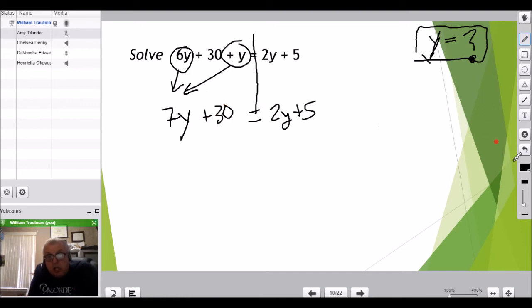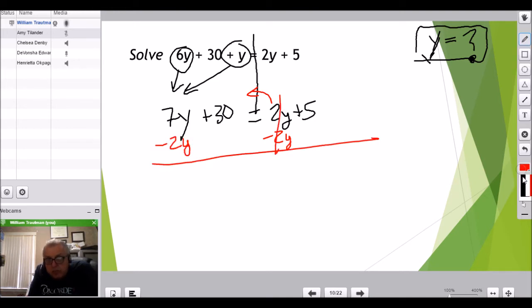Now I need to get all the y's to one side. It's easier if you take the 2y over there because you'll have a positive. It's a plus 2y, so we're going to subtract 2y from both sides. Left with 5y plus 30 equals 5. Now we need to get the y by itself by taking the 5 and the 30 to the other side.